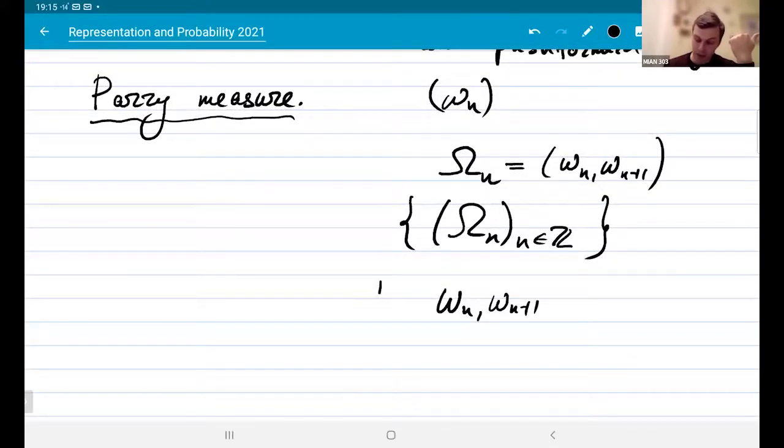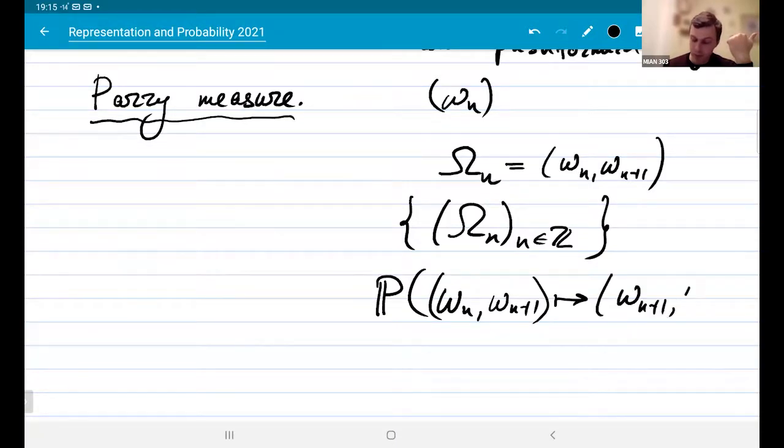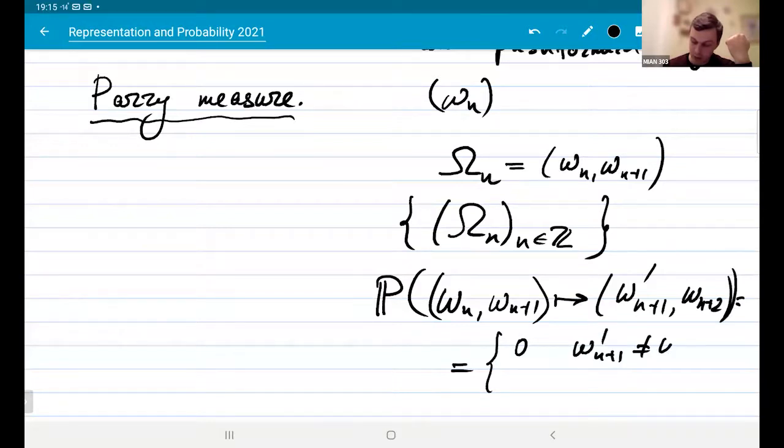And the probability of going from this to this is some number. Well, first of all, it is 0 if omega n plus 1 prime is not equal to omega n plus 1, and it's some number p omega n plus 1, omega n plus 2 otherwise.